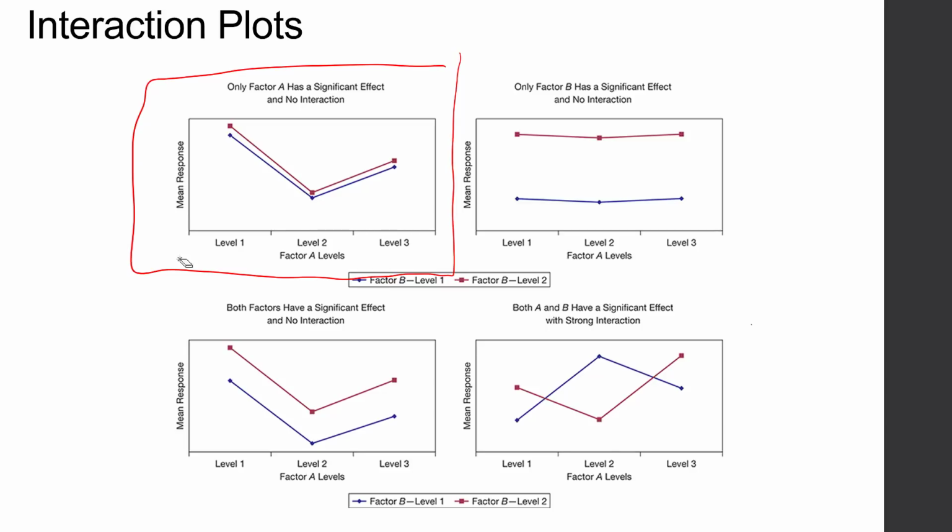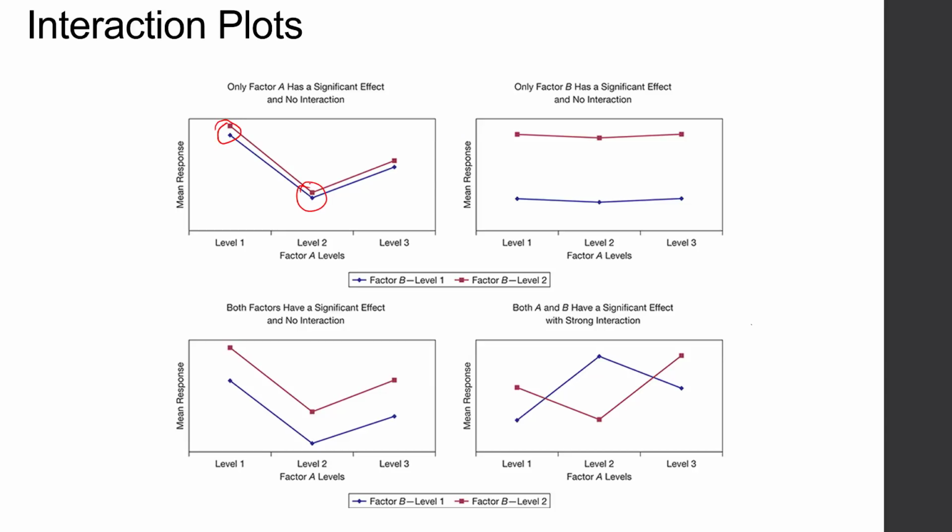Notice how for factor A, the means change. At level 1, they're generally higher. At level 2 of factor A, they're generally lower, and at level 3, they're generally higher again. So it looks like factor A is significant here in this example. However, from the distance between the lines, the jump from level 1 of factor B to level 2 of factor B is not very evident.